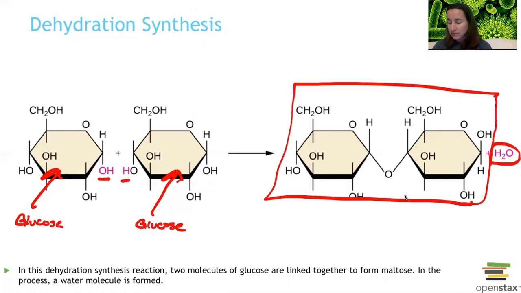We want to take an individual monosaccharide and another monosaccharide and make a disaccharide. We pull out the water, dehydration, and when we dehydrate it, we synthesize a bigger, larger molecule, a disaccharide, and that disaccharide is called maltose.